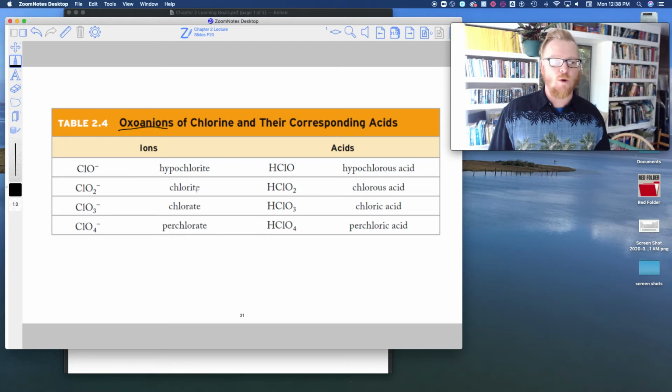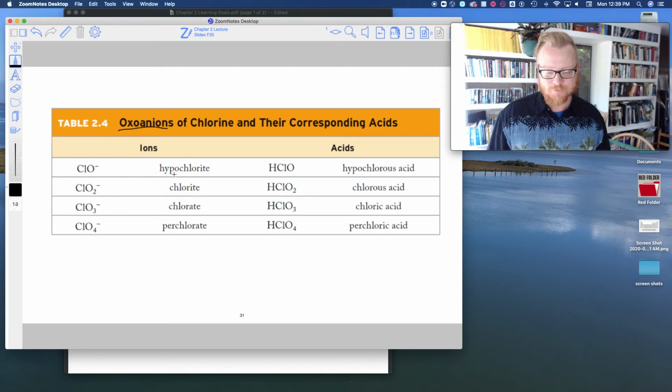Perchlorate, chlorate, chlorite, hypochlorite. There's kind of a fun game that you can play with these. Like now I'm forgetting the game. So the 8s are bigger because they ate the extra oxygen, if that makes any sense at all. So perchlorate, chlorate, chlorite, hypochlorite.